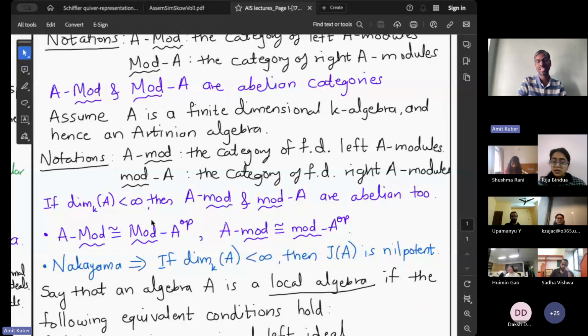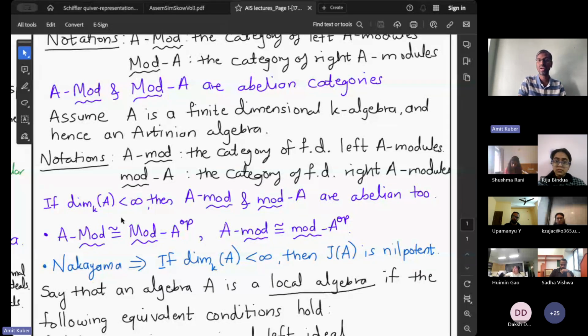This duality says that studying left or right modules for all algebras is the same as studying only left modules for all algebras. But for a particular algebra, at least in our lectures, we are only going to talk about the left modules.